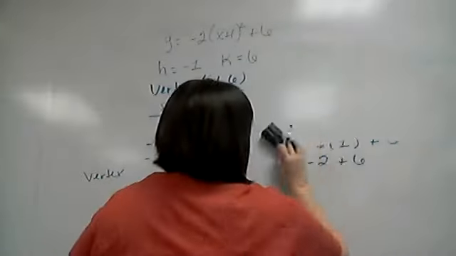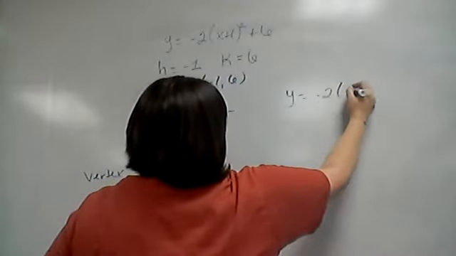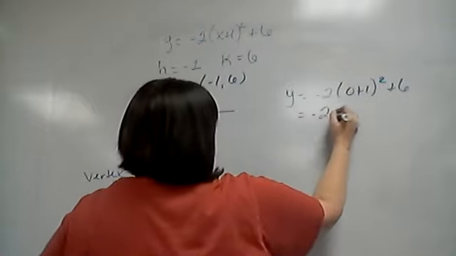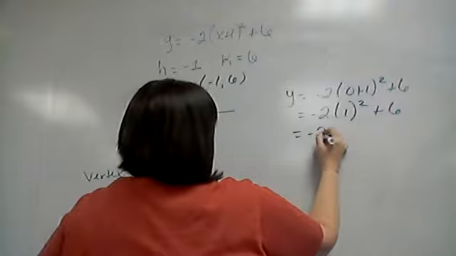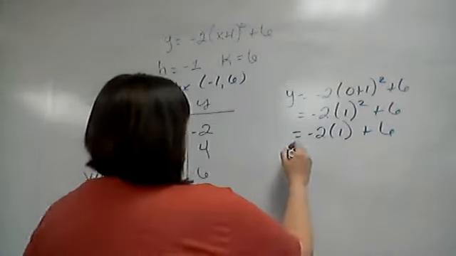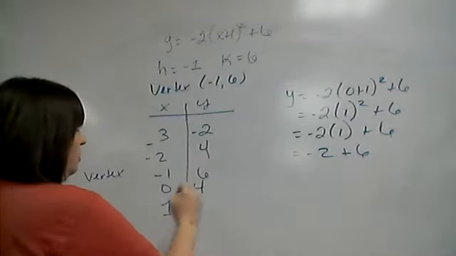And we're going to plug in 0. Negative 2 times (0 plus 1) squared. 0 plus 1 squared is 1. So negative 2 times 1 squared plus 6. 1 squared is 1. So negative 2 times 1 plus 6 is negative 2 plus 6, which again is 4.